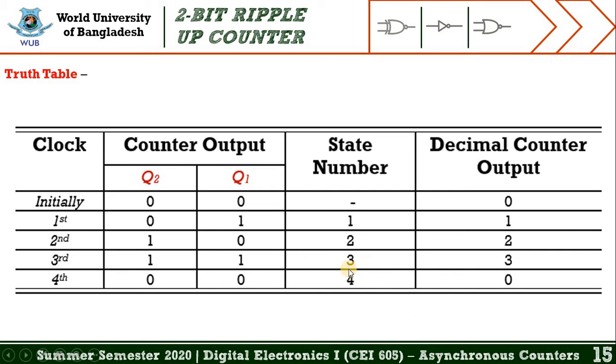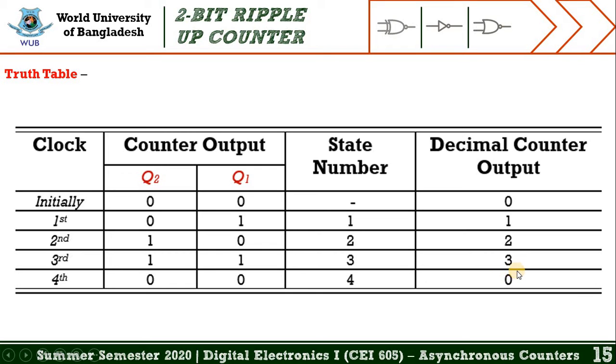That means the counter stops its operation, and this state is symbolized as number 4. If the binary number is 0 0, then the equivalent decimal number is also 0. So that's all for the 2-bit ripple up counter.